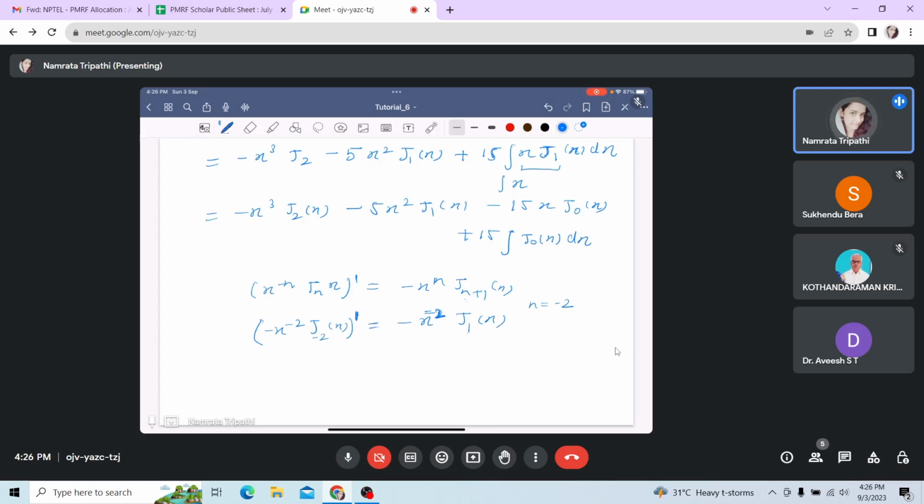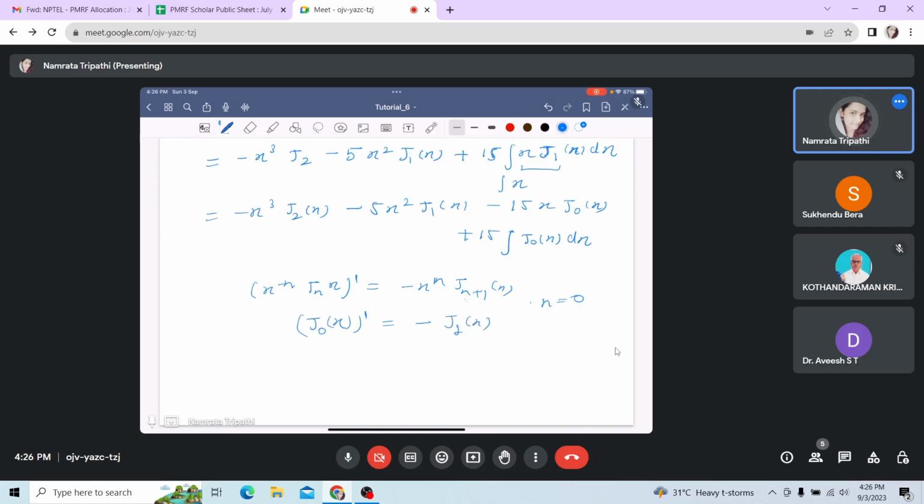Or you can put n is equals to 0. Sorry, n is equals to 0. You can put n is equals to 0. So that you will get, is it okay?